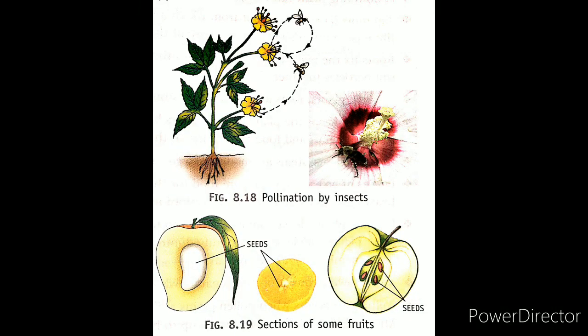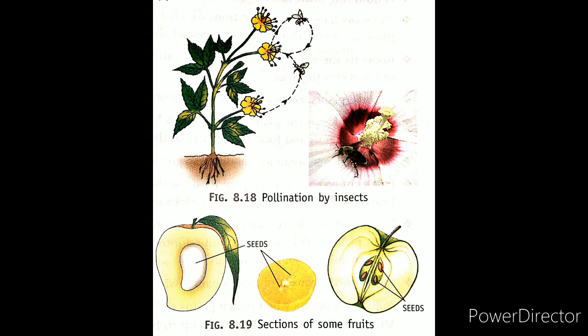Clear? So students, now look at the picture carefully. Pollination by insects. So what is happening here? An insect is just wandering from one flower to the another flower, and by its this movement, the pollen grains, they are just transmitting from first flower to the second flower.